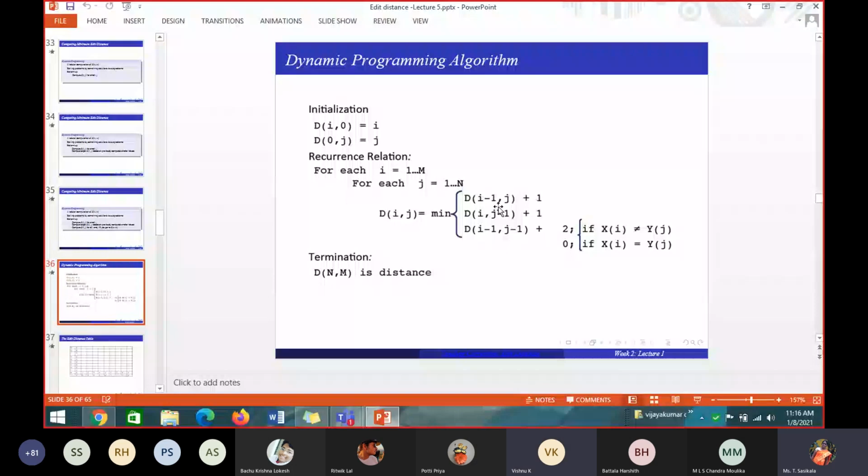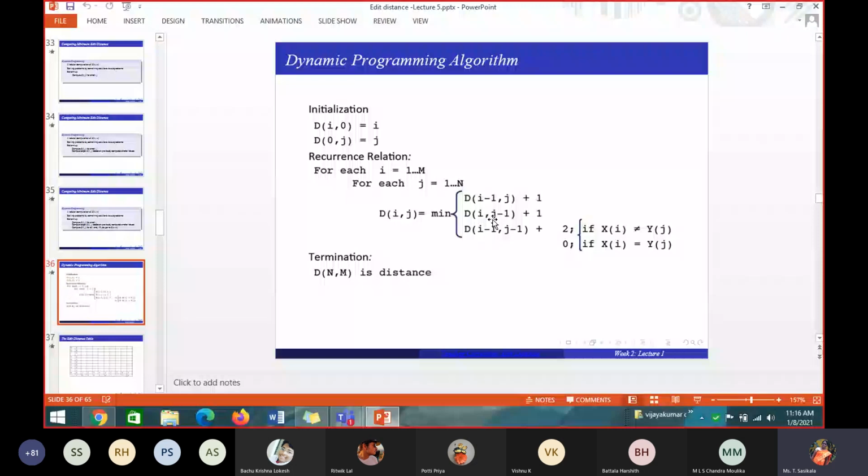If I am calculating the 1,1 box in the matrix, I have to compare the distance of i minus 1, j, that is 0,1, and that value plus 1. Or the other option is D of i, j minus 1, that value plus 1, or D of i minus 1, j minus 1, plus 2 if x of i is not equal to y of j.